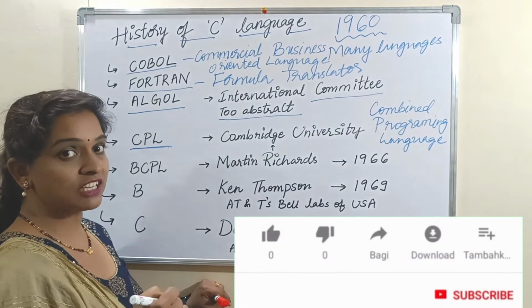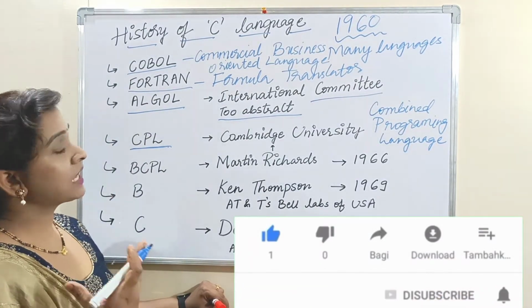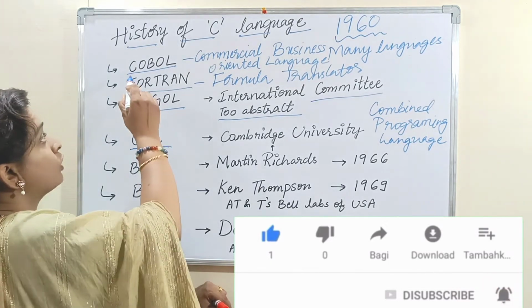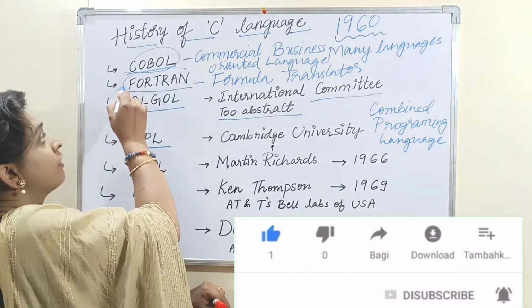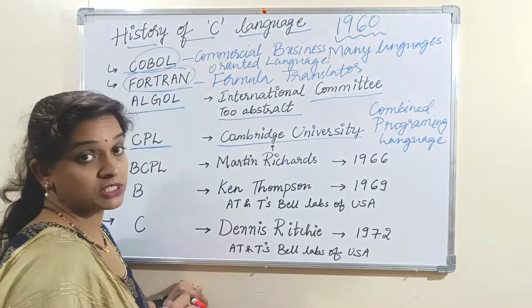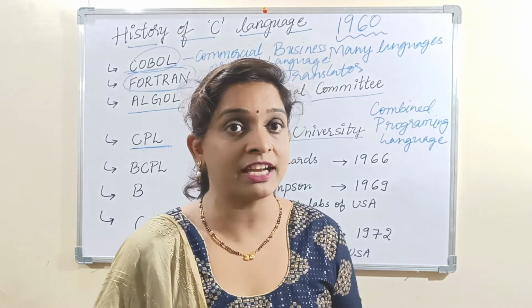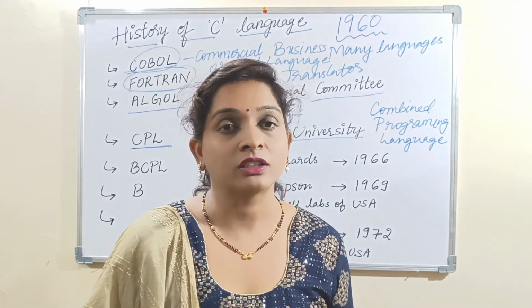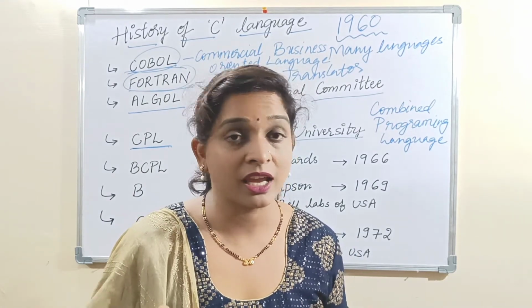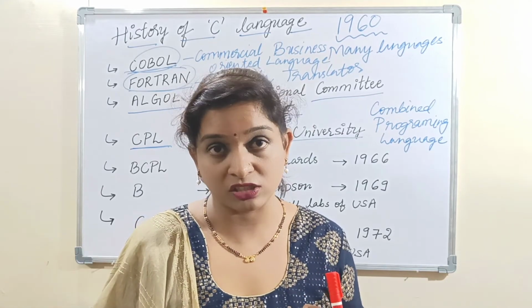The name itself tells you it has the combined features of both COBOL and Fortran. It was by Cambridge University. When we say we have the combined features, obviously it is too difficult. It becomes more complex. Again, it's a problem for the user to deal with complex features.